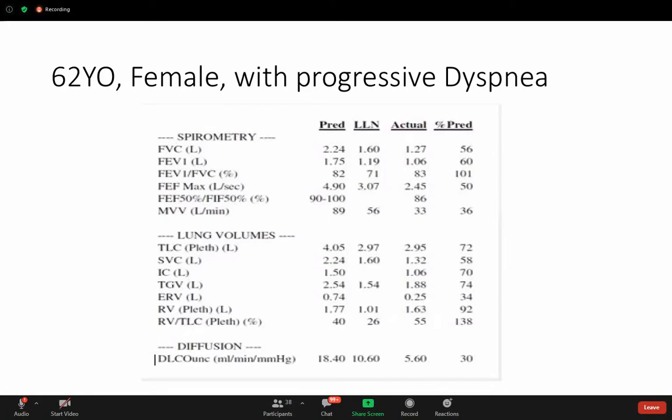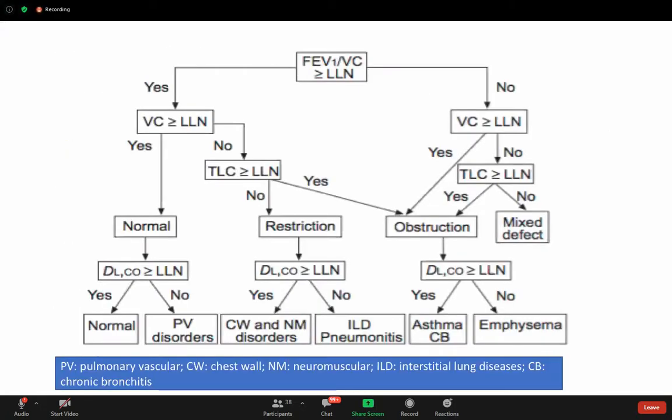So what's the conclusion? So we have someone with a normal ratio, reduced vital capacity and total lung capacity, and DLCO. What's the conclusion, guys? ILD or pneumonitis, absolutely right.